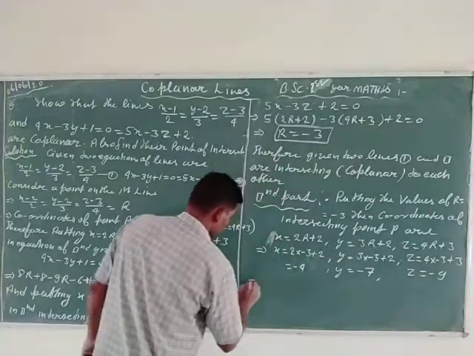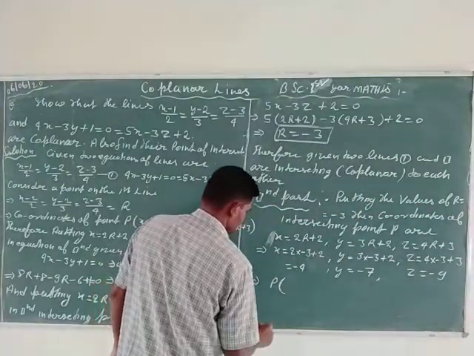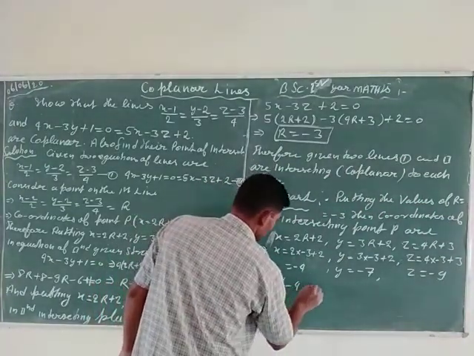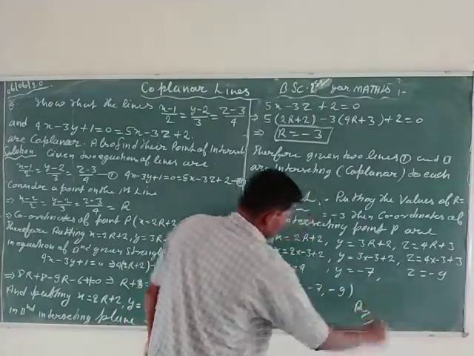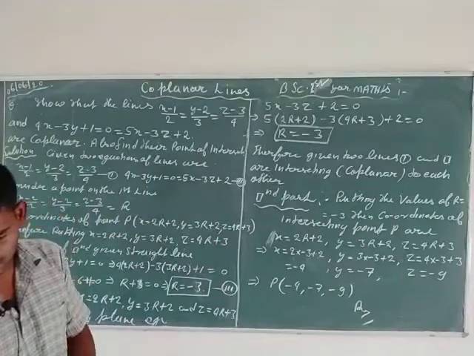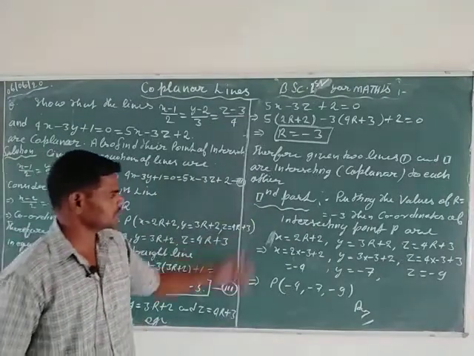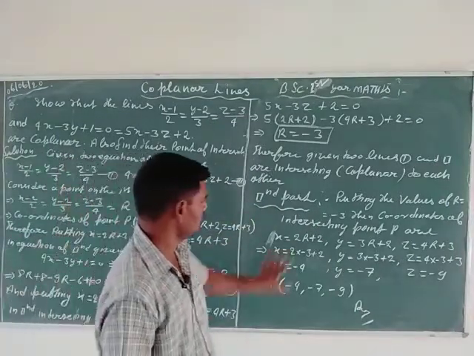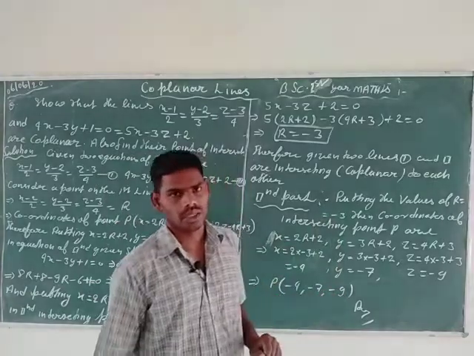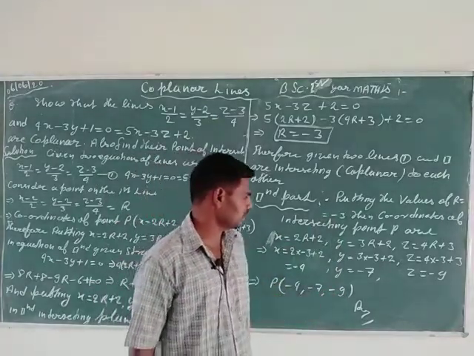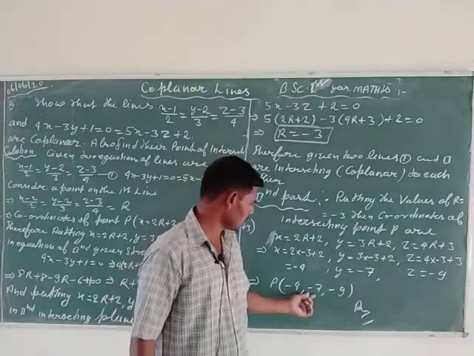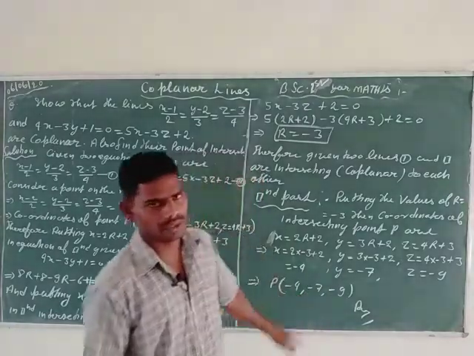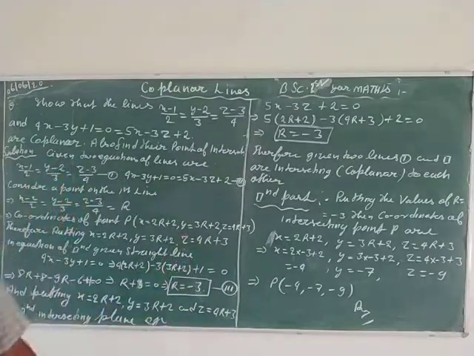So the coordinates of the intersecting point P are -4, -7 and -9. This is the complete solution of the second part of the question, in which we found the coordinates of the intersecting point capital P, that is -4, -7, -9. It's a complete solution. Now I move to the next question.